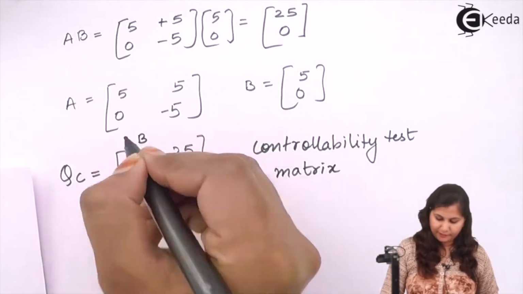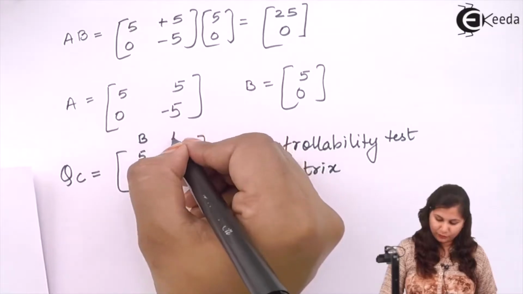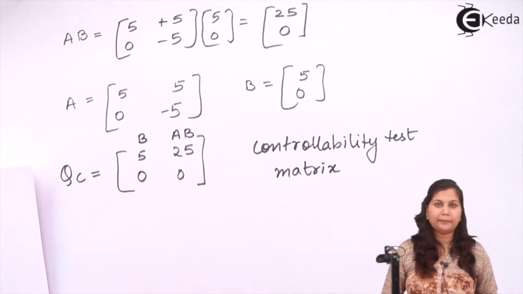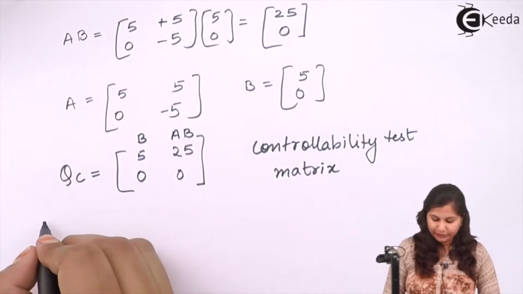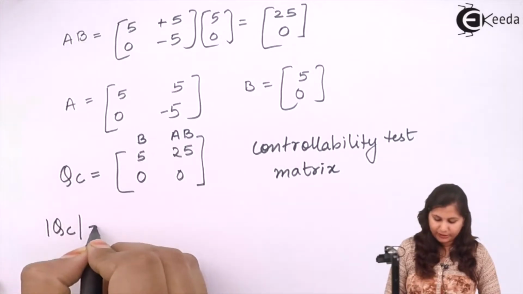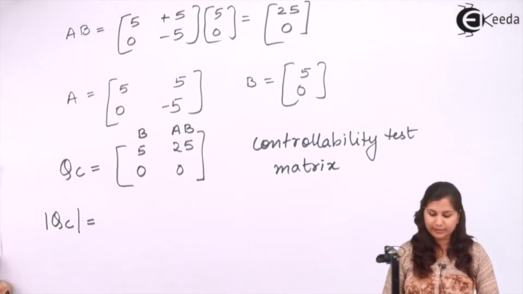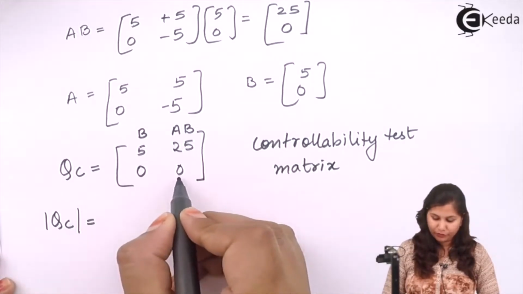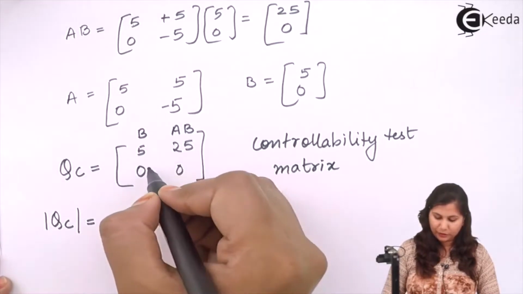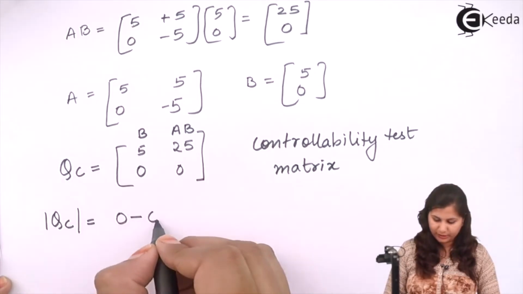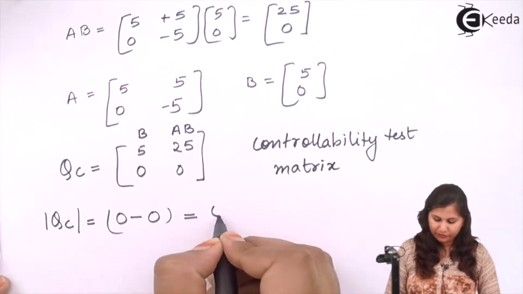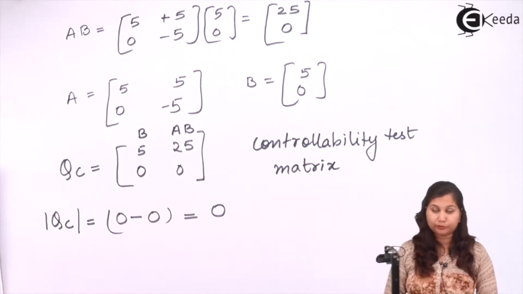We have written our B matrix as 5, 0, and the AB matrix as 25, 0. Now we have to determine the determinant of this controllability matrix, because we want to check the rank of this matrix. So 5 into 0 is 0, minus 25 into 0 is 0. So our determinant will come out to be 0.